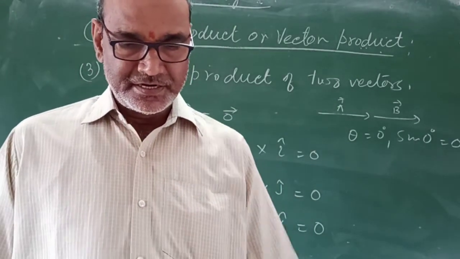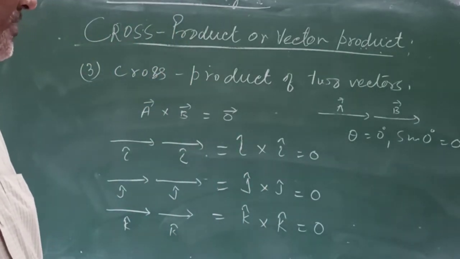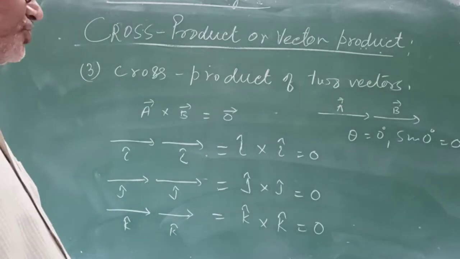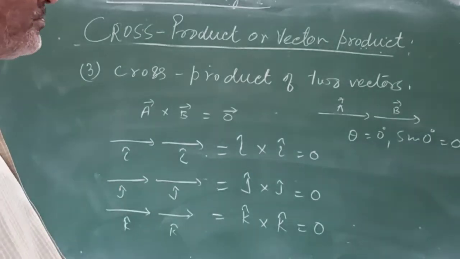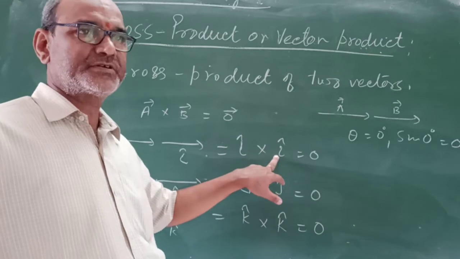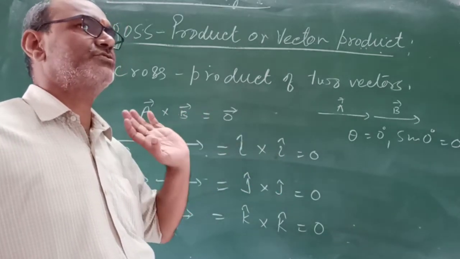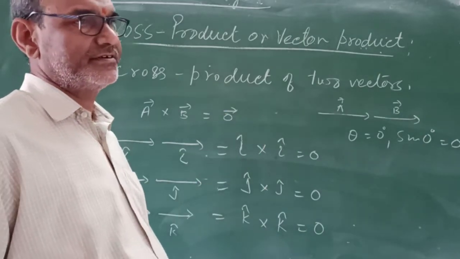Simply we write k cross k is equal to 0, i cross i is equal to 0, j cross j is equal to 0. Is it? Because these are parallel vectors, the cross product of a vector with itself gives the 0 vector or 0 magnitude. 0 vector means 0 magnitude but no sense of direction.